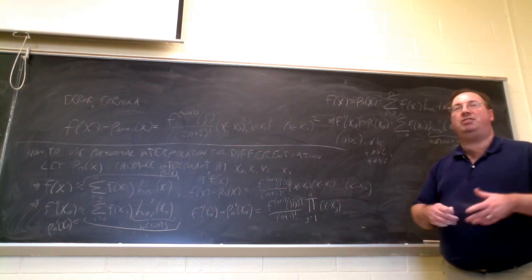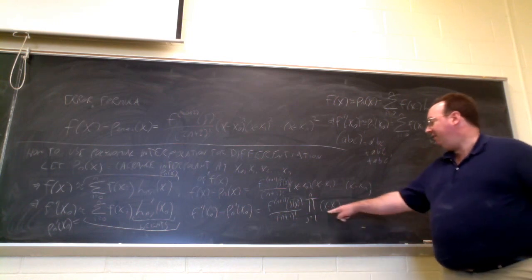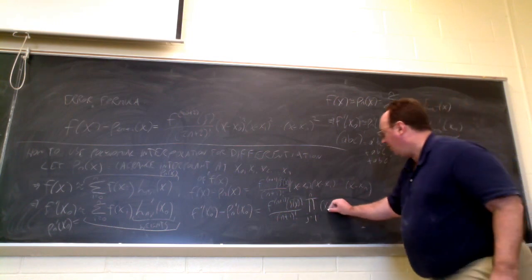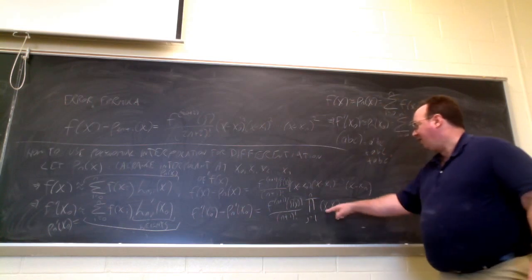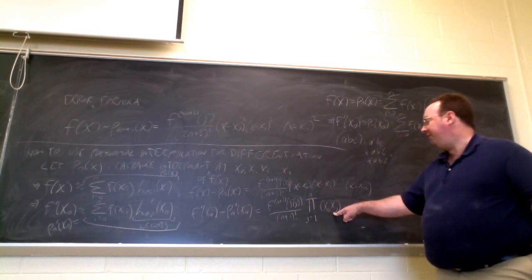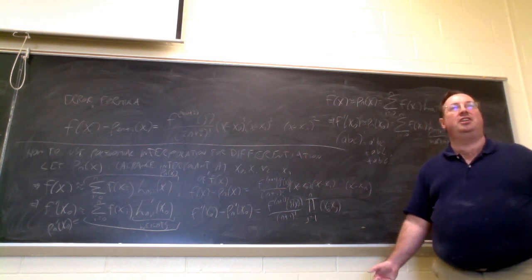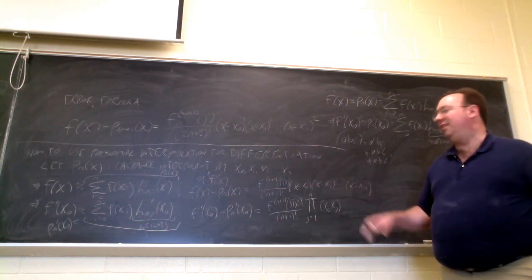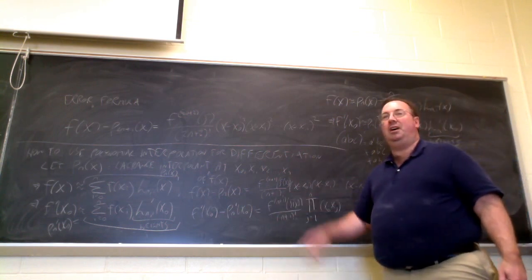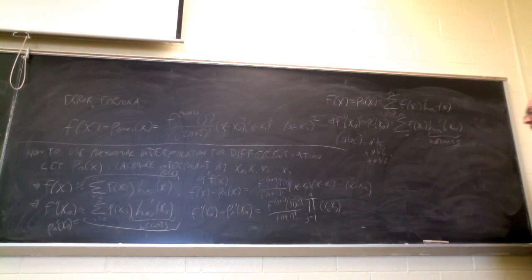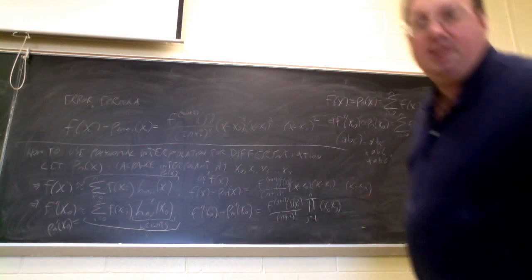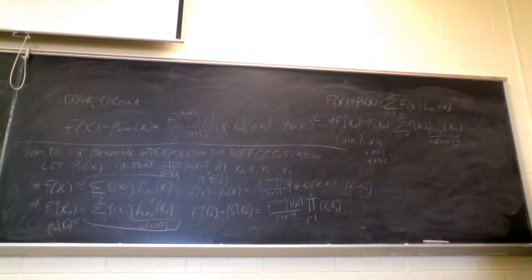Because we're using spacing h between all the points, all these factors, x naught minus xj, would be some multiples of h. So we can figure out what that is. And then we still have this derivative, but nothing we can do about that.